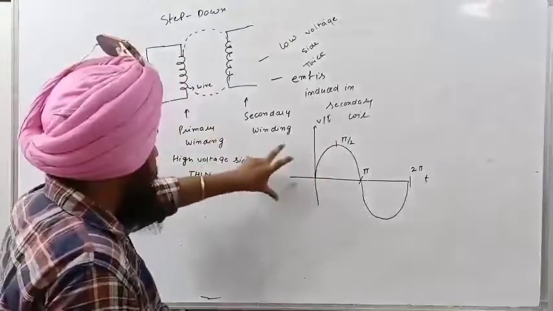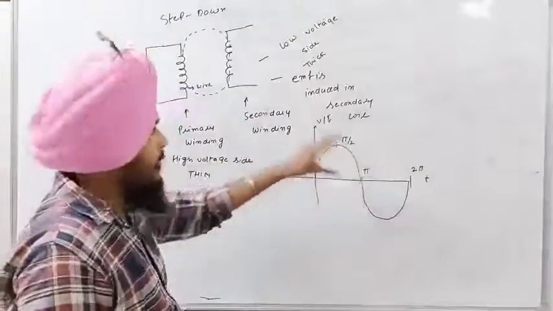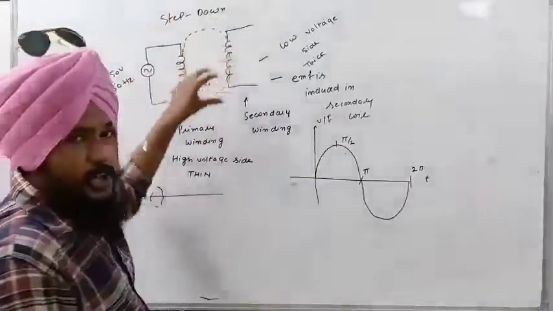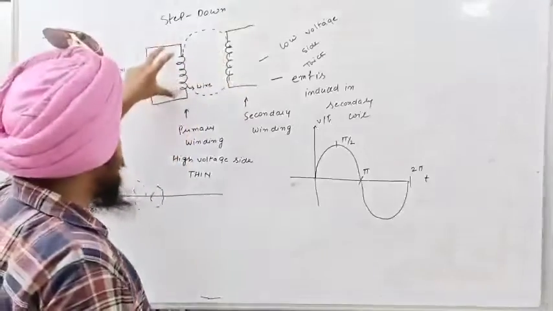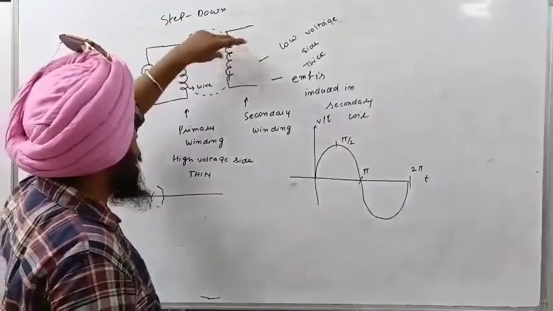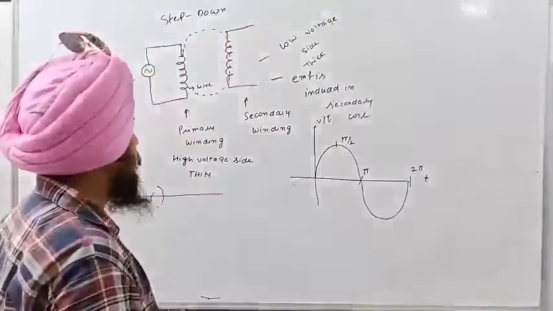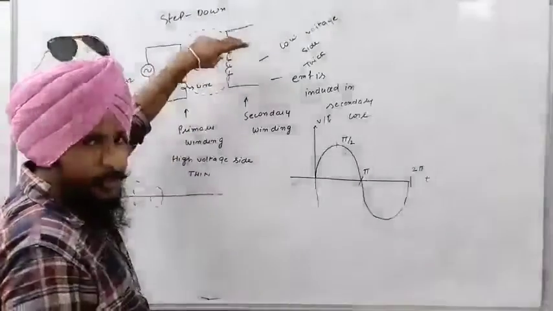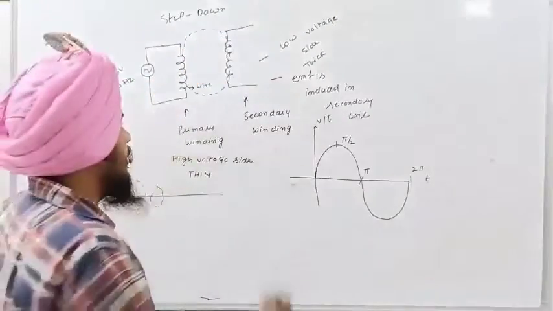So there is a changing of current, so the magnetic flux will also change. This changing magnetic flux will cut the secondary coil, and EMF is induced in this coil.